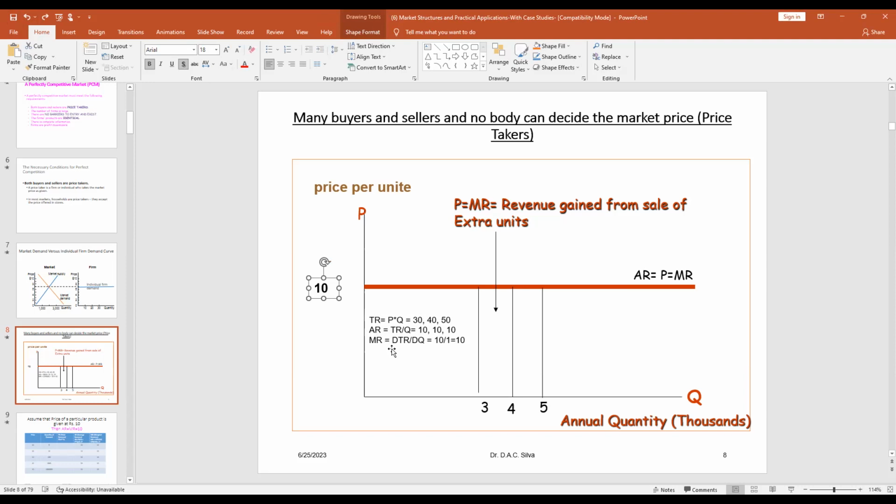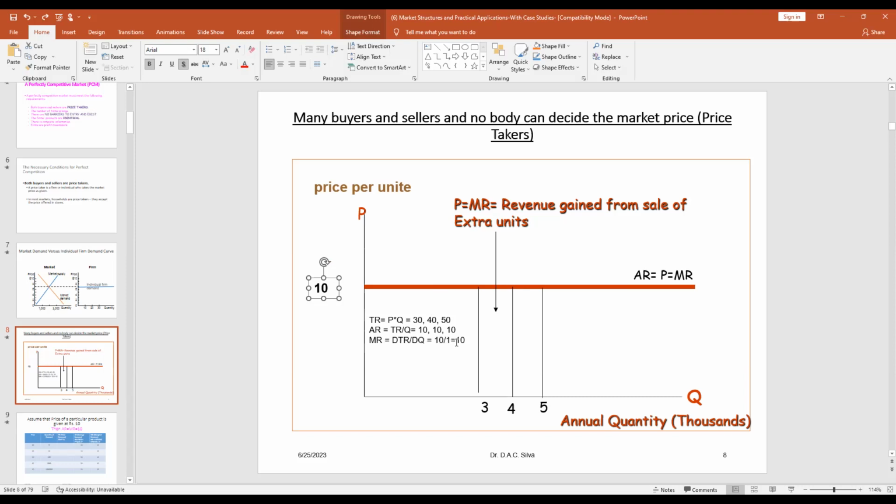How do you calculate MR? MR is the change in total revenue divided by the change in quantity. Price is given, so MR is delta TR divided by delta Q, which is 10 divided by 1.